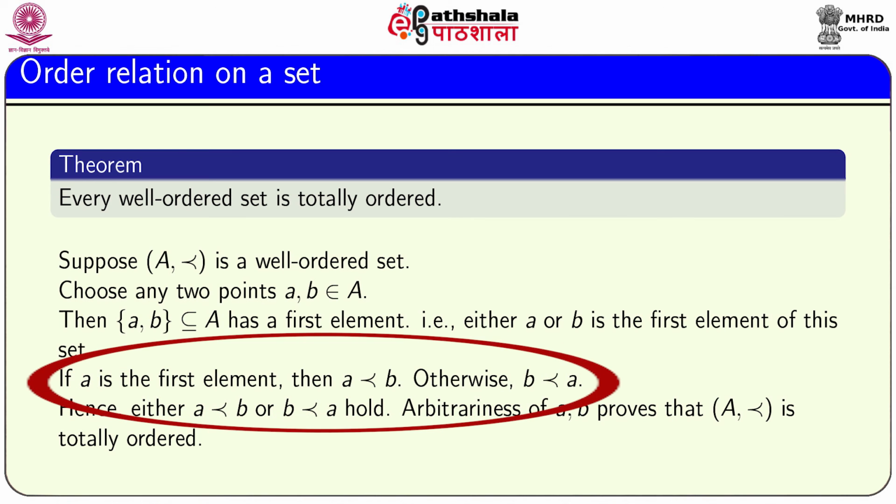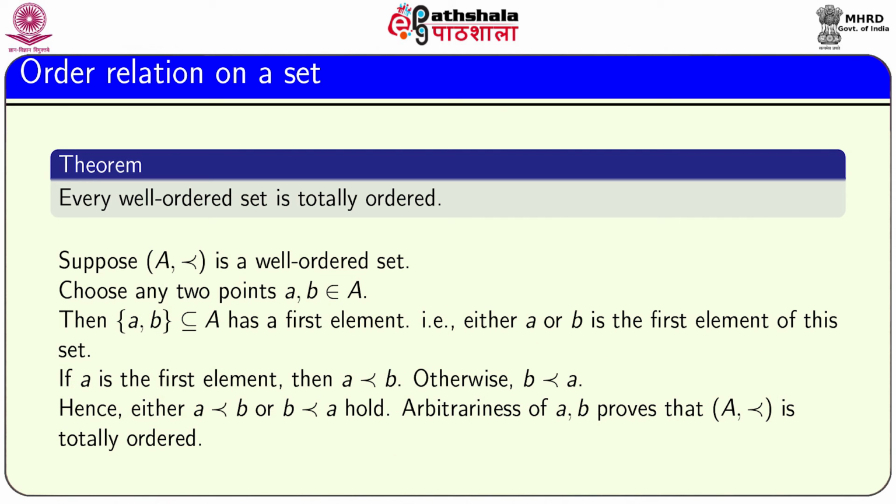If a is the first element, then a will be less than b, otherwise b will be less than a. Hence, either a less b holds or b less a holds. Arbitrariness of a and b proves that the well ordered set A is totally ordered.